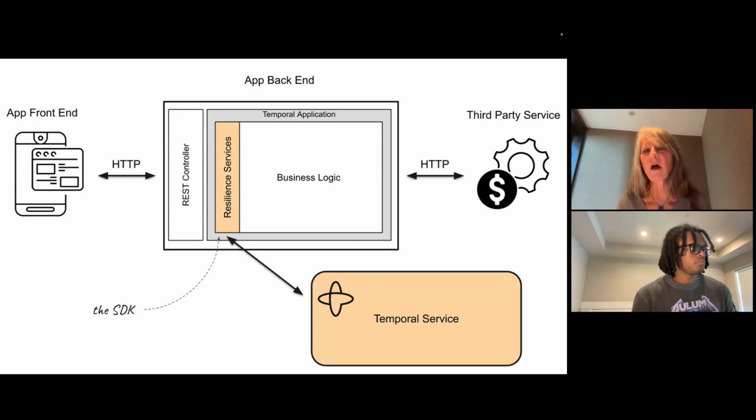So your business logic runs in the context attached to this SDK, and the SDK, not you, the developer, takes care of the protocol back to the Temporal service that's going to deliver to you all these resilient services. So you connect to Temporal service as a backend, you get retries, you get event-driven architectures, you get CQRS, you get event sourcing, you get state preservation, all of those things.